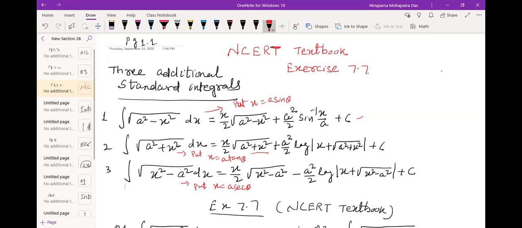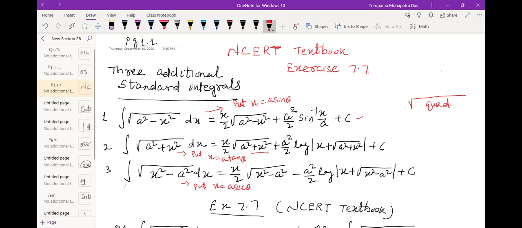So now these are the three basic standard forms in addition to the six we have studied earlier. There is also a little bit of extension to this: we can have under root quadratic also.